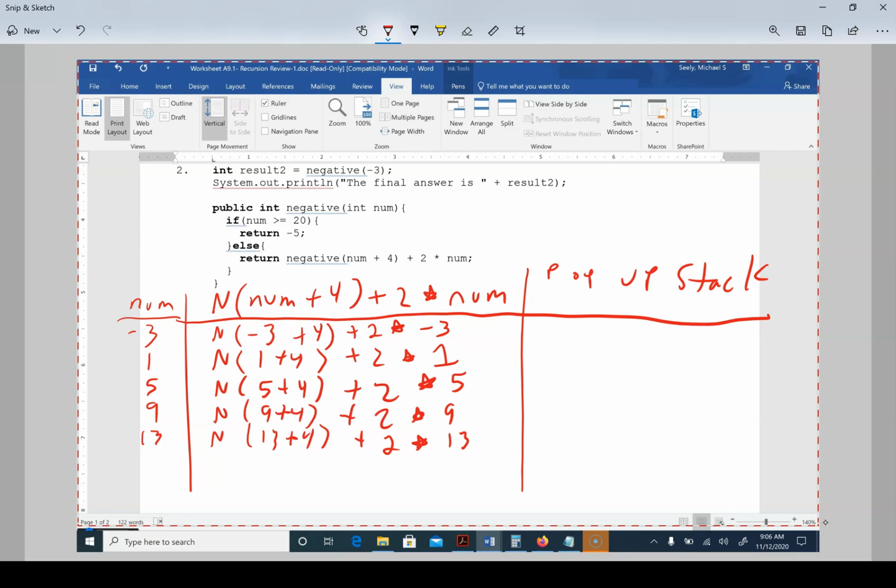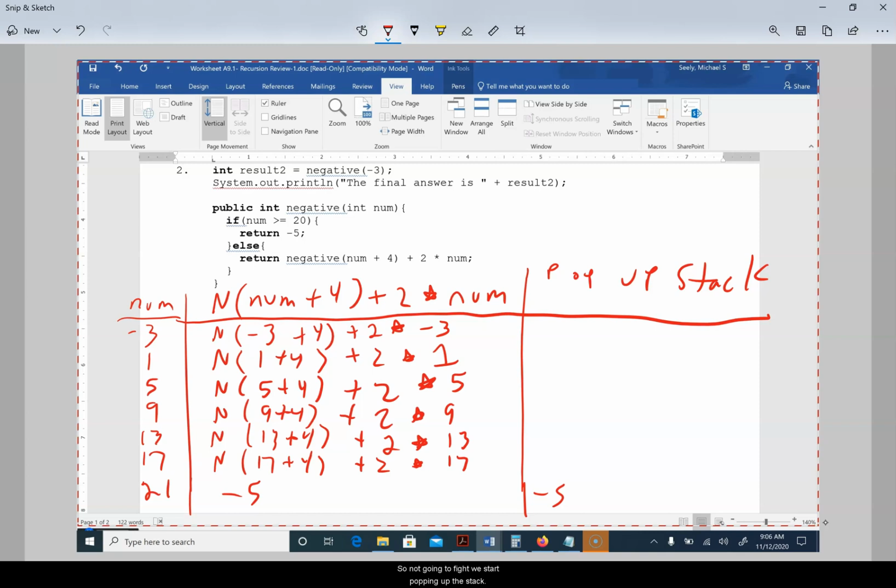Then we get 17. Okay, so we got 21. 21 is greater than or equal to 20, so we get -5 here.